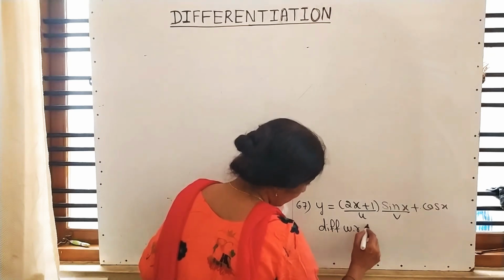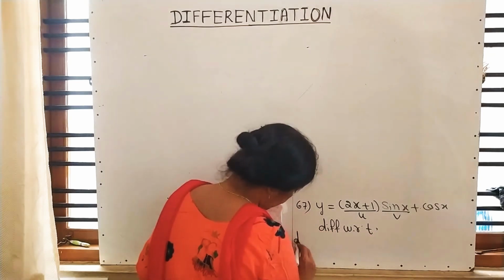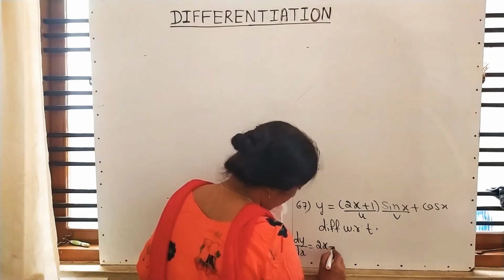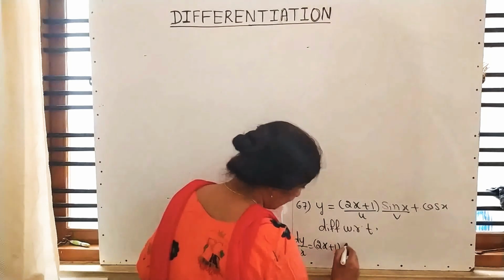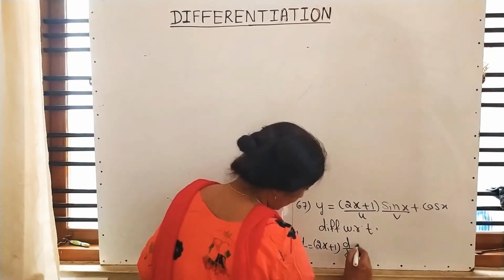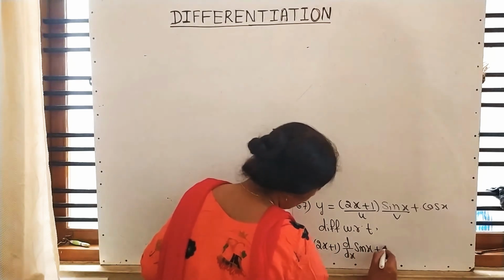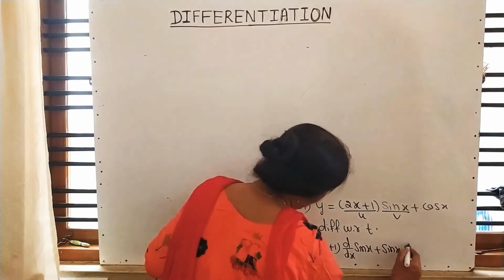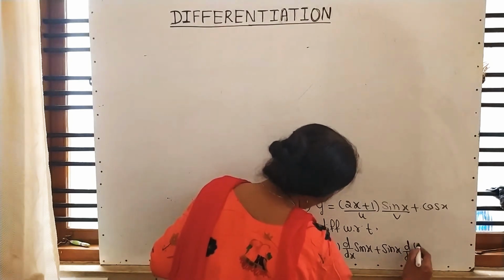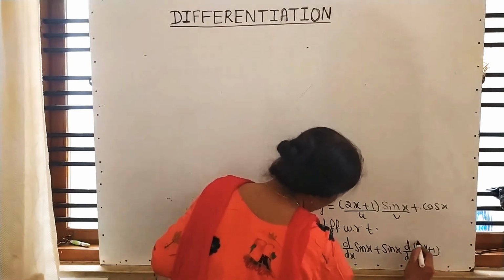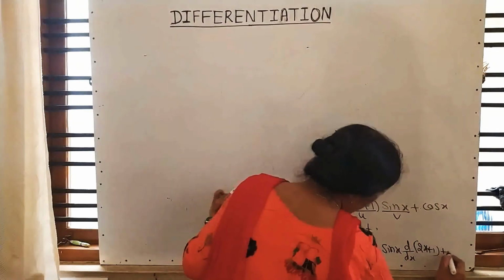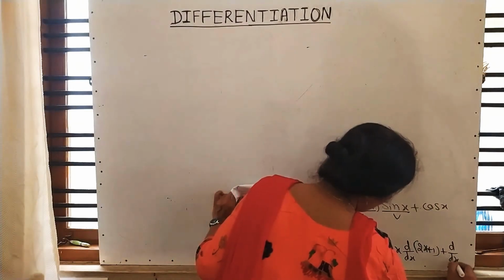Differentiating with respect to x, dy upon dx will be 2x plus 1, this is u into v, differentiation of sin x, plus sin x into differentiation of 2x plus 1, plus the differentiation of cos x.